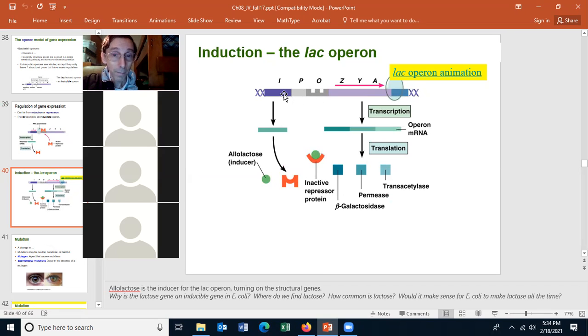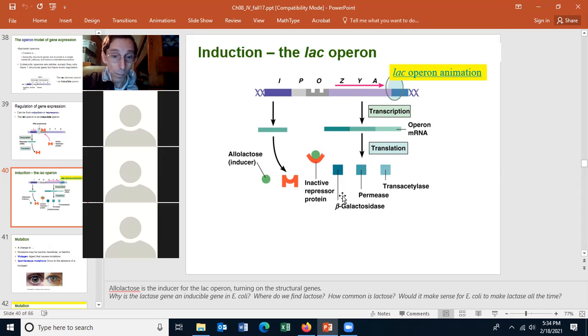And then when the RNA polymerase binds to the promoter, it can move down the operator and transcribe the lactase enzyme and the other genes of the operon, and then make the enzyme for lactase. Beta galactosidase is the same as lactase. Lactase is just a shorter name.